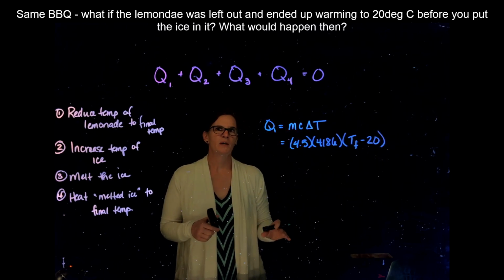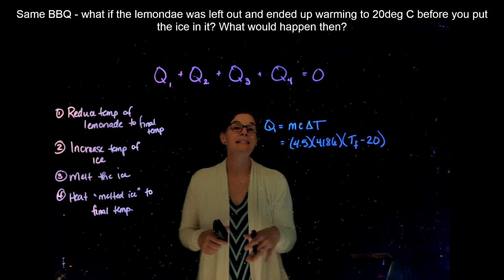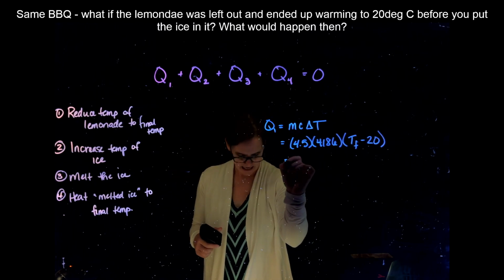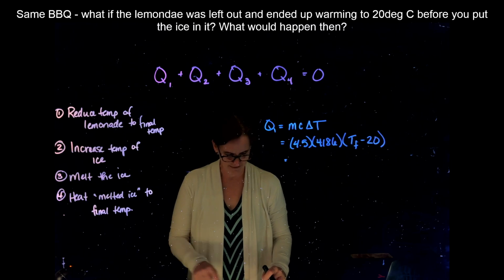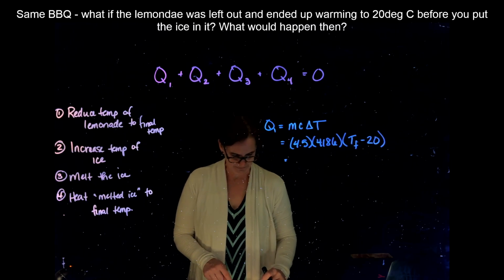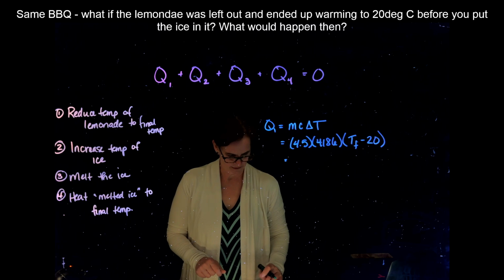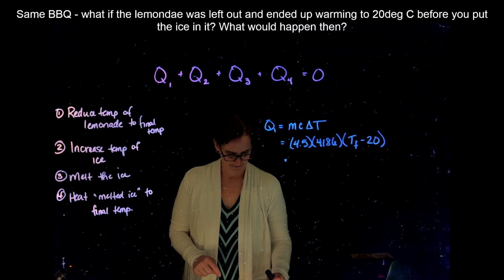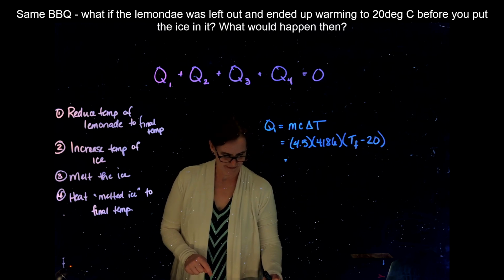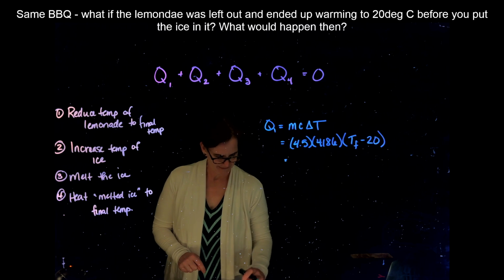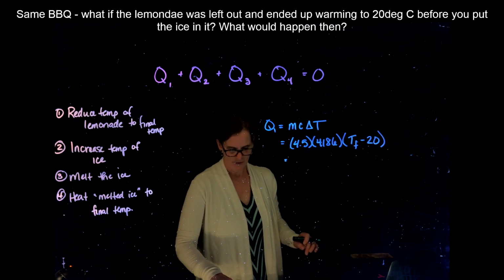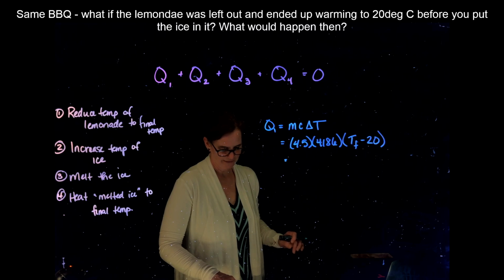Okay? So this is Q1. I'm going to simplify it. And we end up with, oh boy, I'm losing my spot here. The mass of the water, that's the ice.